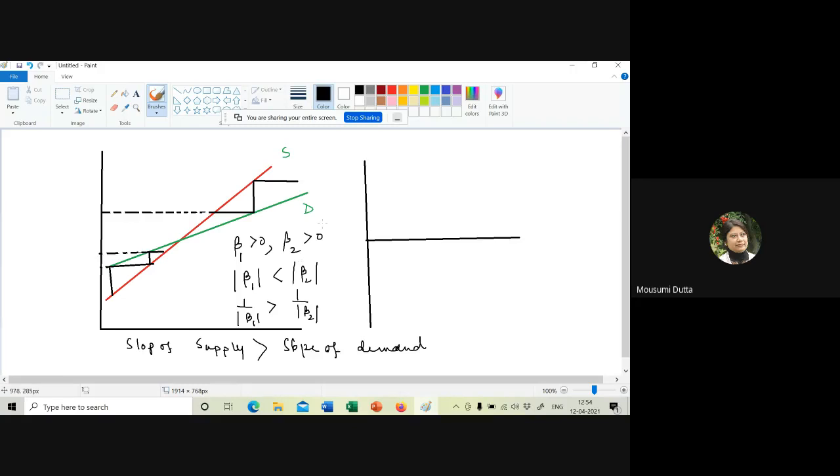So we have done these things graphically, okay? However, it is giving us a monotonic divergent time path. So there is this inconsistency. We cannot have a monotonically divergent time path with the condition mod beta 1 by mod beta 2 less than 1.